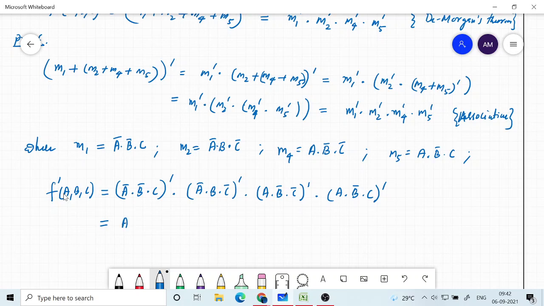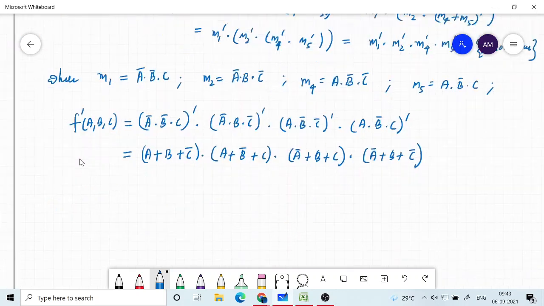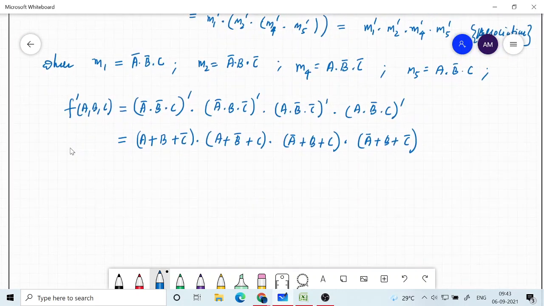I get A plus B plus C bar, dot A plus B bar plus C, dot A bar plus B plus C, dot A bar plus B plus C bar. So this is what I get for F dash.